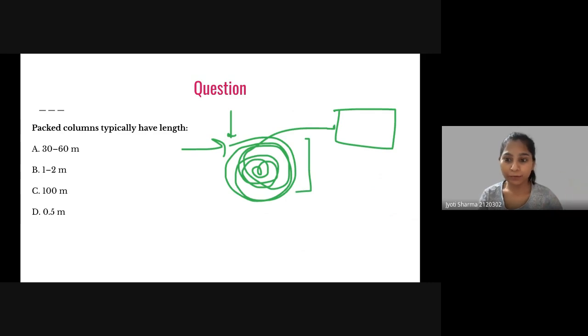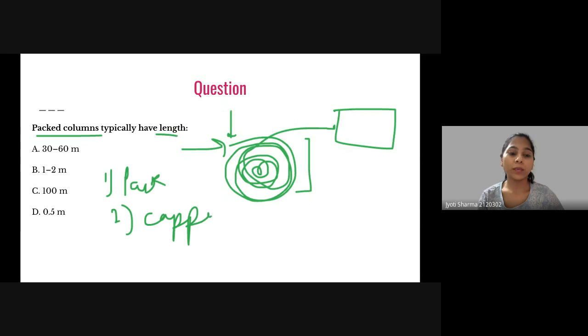We have different types of columns, and one column type is the packed column, and the second is the capillary column, right? Right now we are talking about just these two. In the packed column, what will be the typical length of this column? 30 to 60 meter, 1 to 2 meter, 100 meter, or 0.5 meter?